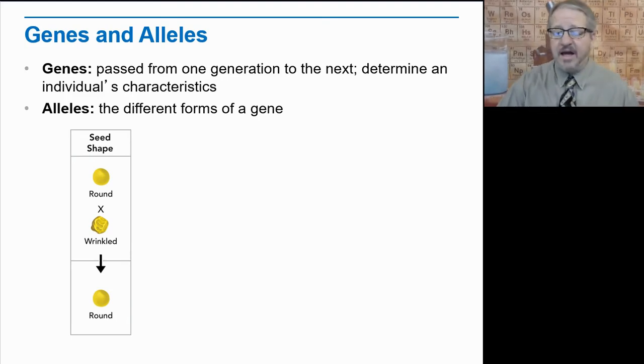But for Mendel, he could consider only really the traits themselves. So what he called factors, today we call genes. And the different versions of a gene that produce the different traits, for example, yellow seeds versus green seeds, we call alleles. He didn't have a term for them.